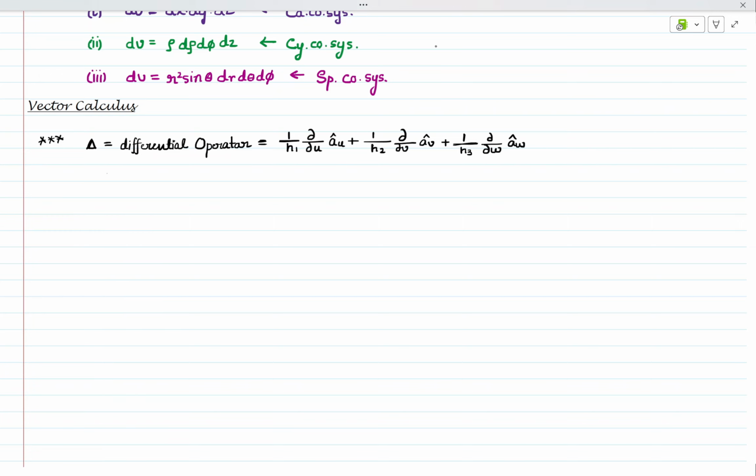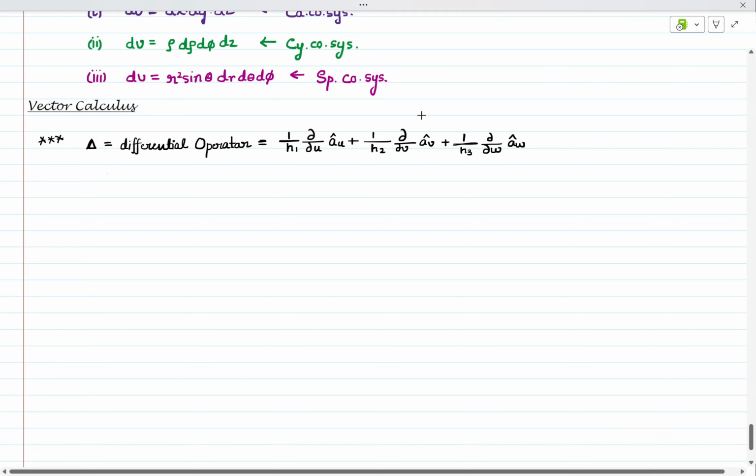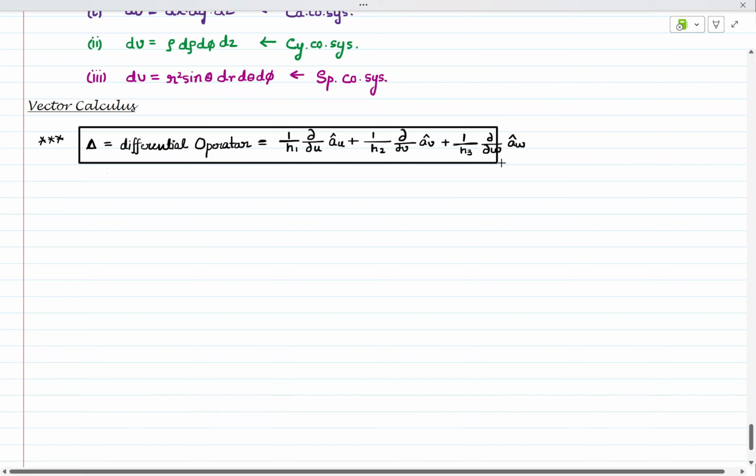As you can see, this operator has three directions, au, av, and aw. Those are nothing but the three unit vectors. That means it is a three-dimensional vector. The most important thing is that the del operator is nothing but a vector. This differential operator is a vector quantity.